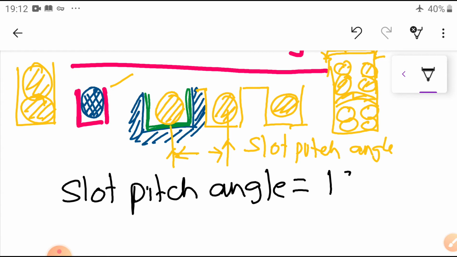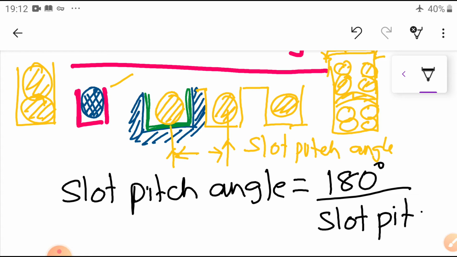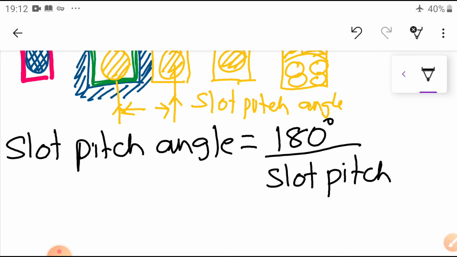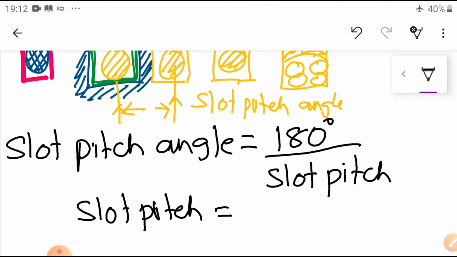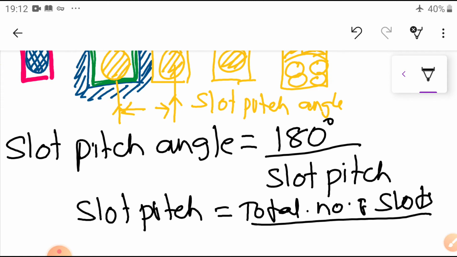180 degrees divided by slot pitch, the distance between two adjacent slots. Now what is the slot pitch here? Slot pitch is equal to the total number of slots present in the machine, divided by the total number of poles.